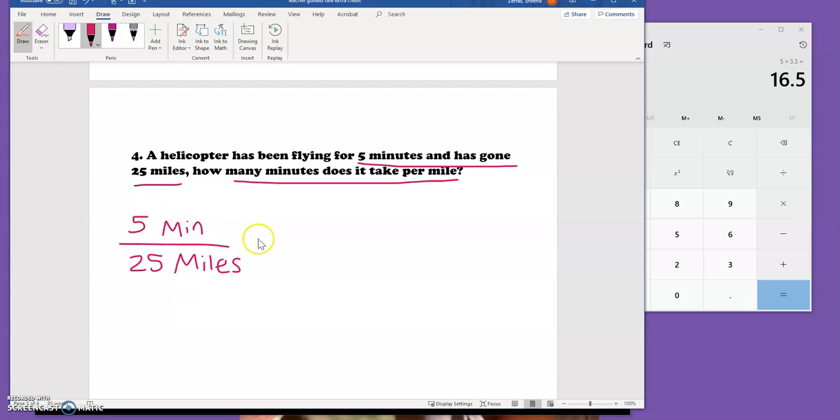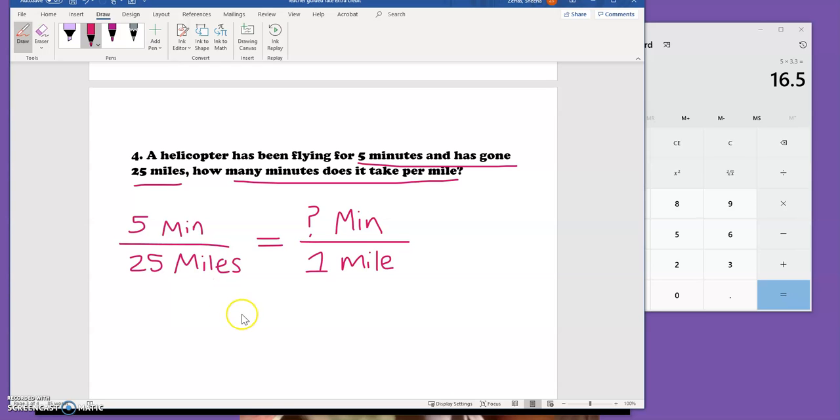Again, important to keep those labels. And so now, when I'm trying to solve this question, how many minutes, so I don't know the number of minutes, per mile. So per means 1 mile.